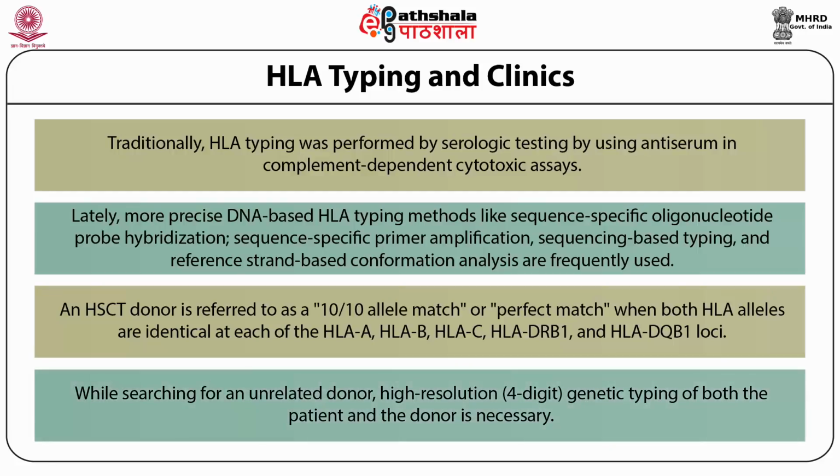While searching for an unrelated donor, high resolution, about 4-digit genetic typing of both the patient and the donor is necessary. Otherwise, we are sure that it will lead to transplantation immunology and rejection of the grafted tissue.